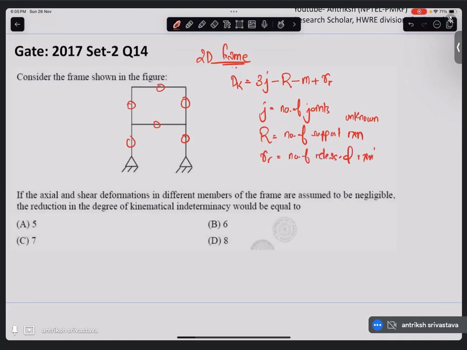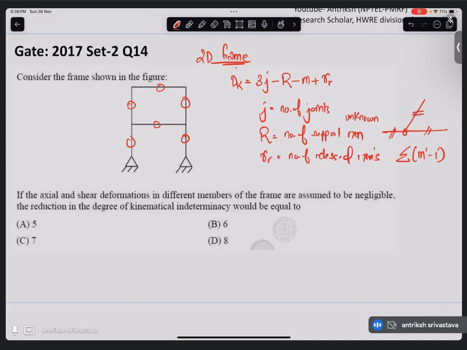released reactions. For 2D, if we have some, let's say, n number of released reactions, then it is going to be, now this is for hinge. So if we have a hinge at a point, this is also called releasing the moment at this joint. So the RR for this case is going to be the summation of all the hinges of M dash minus 1, where M dash is the number of members that are joined to make this hinge.